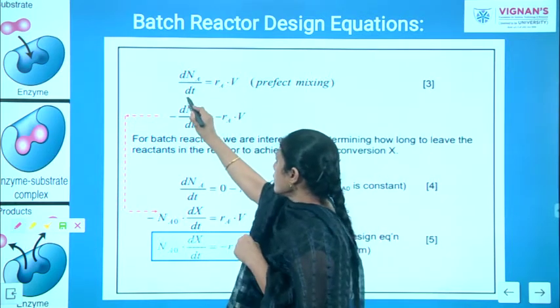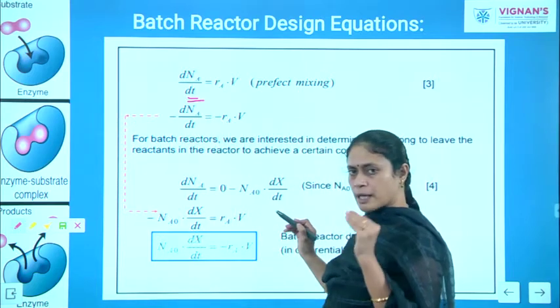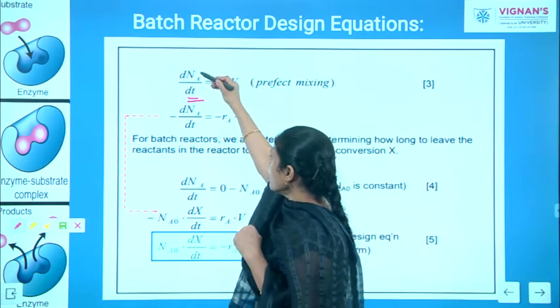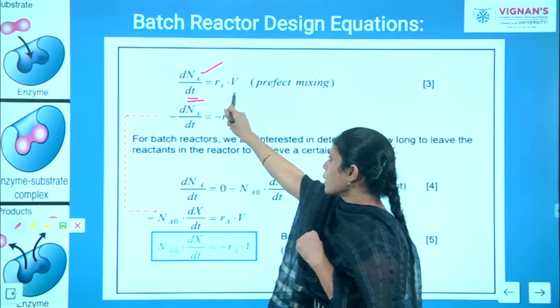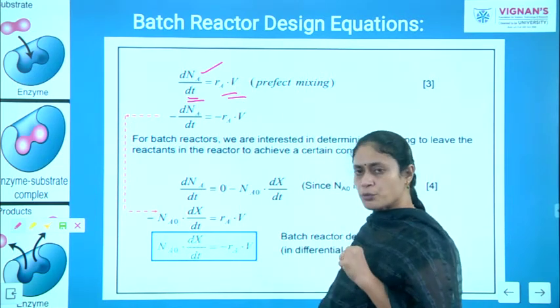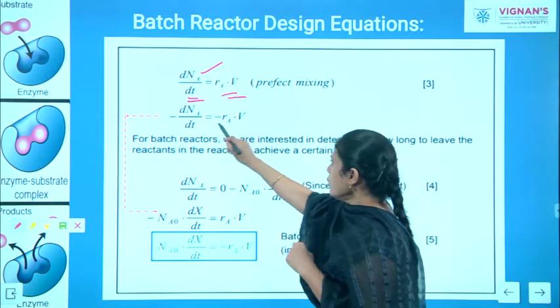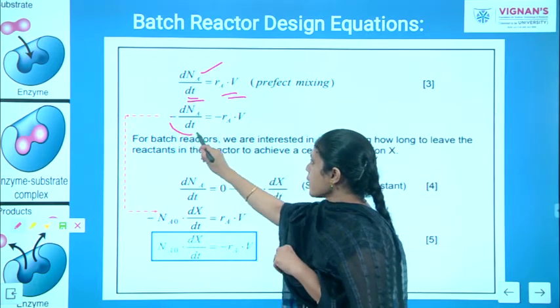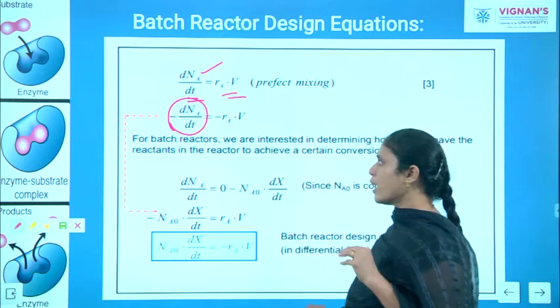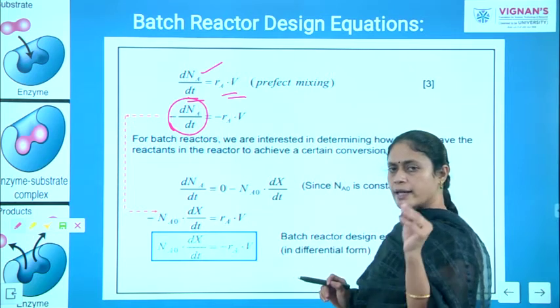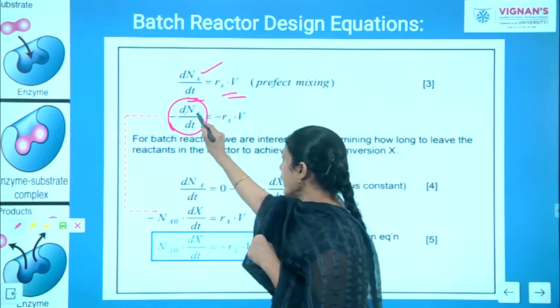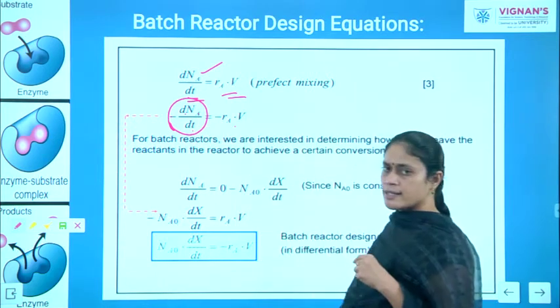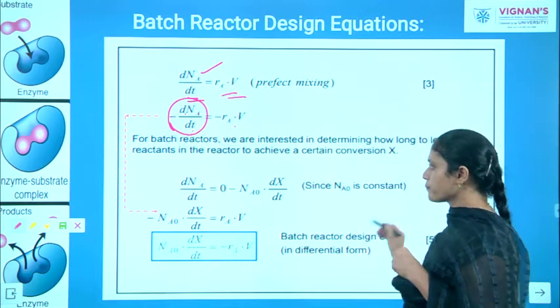So, under a specific time period, the amount of your substrate getting converted is equal to Ra into V. As your substrate is getting consumed, you are designating it with a negative symbol. dNa by dt is equal to minus Ra into V.